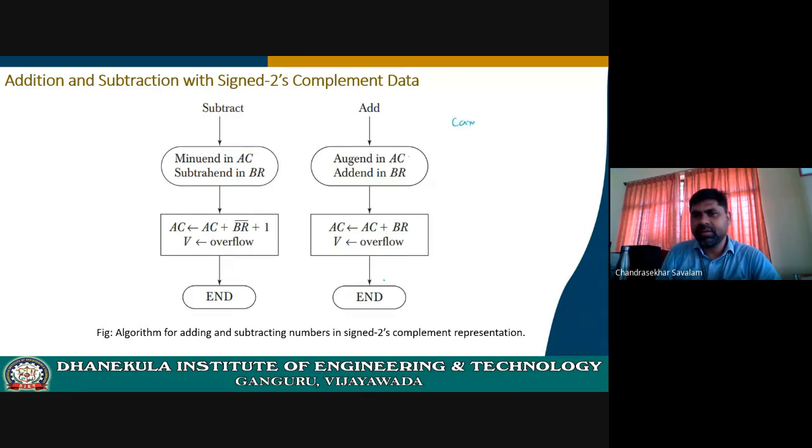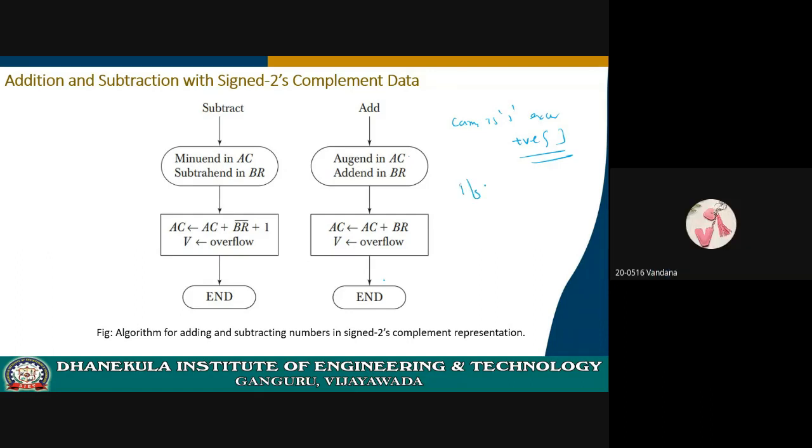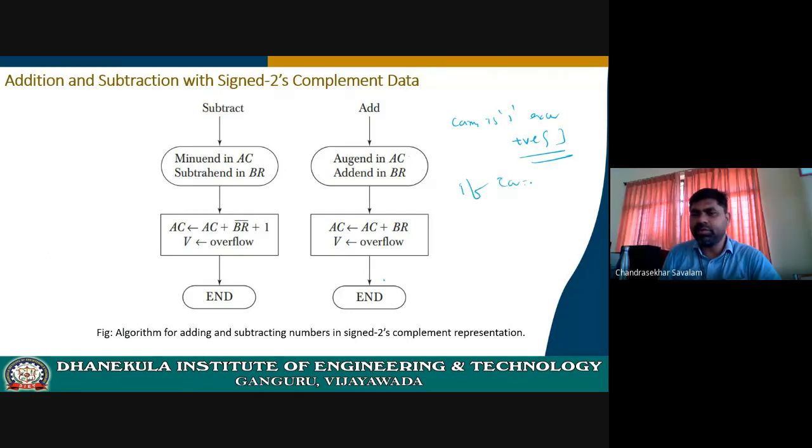Suppose the carry is 1, then exclude the carry and the result is positive. Understand, students? If the carry is equal to 0, then the result must be negative, so take the 2's complement of the result. This adjustment is very important.